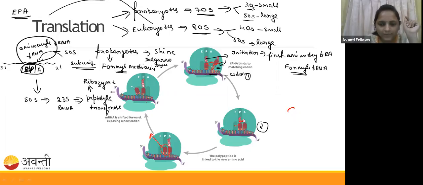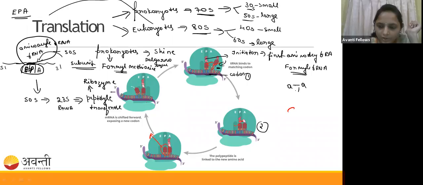This is one amino acid, this is another amino acid, and the bond between two amino acids is called a peptide bond.